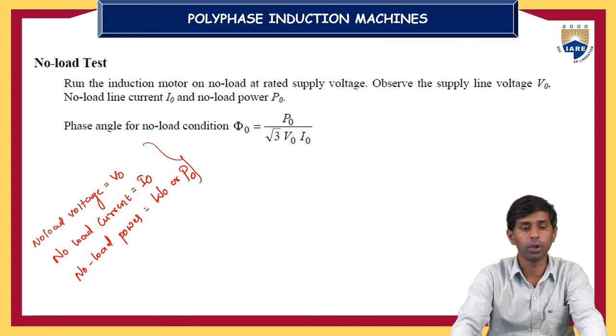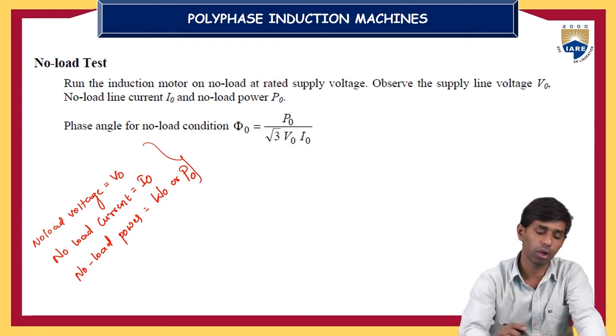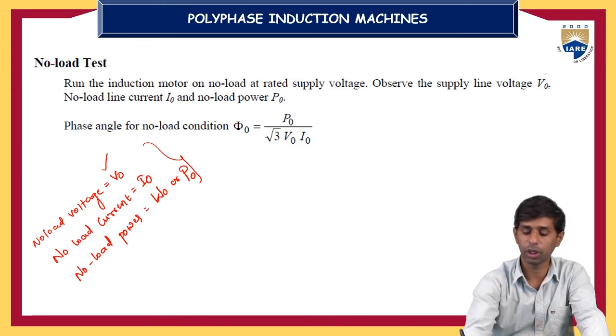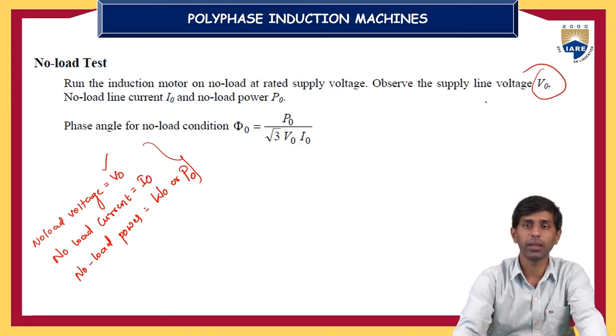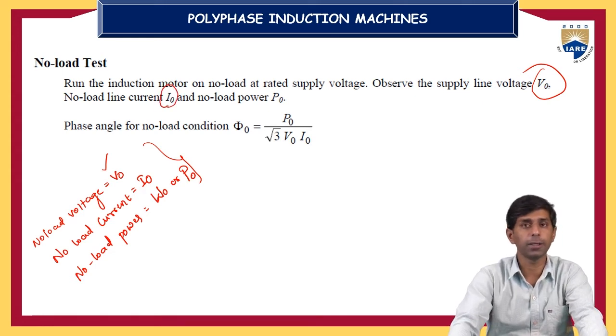When you run the induction motor under no load condition, the amount of voltage required to run the induction motor at rated speed is called the no load input voltage, represented by V0. The amount of current required to develop the magnetic field and to meet the constant losses is called I0.